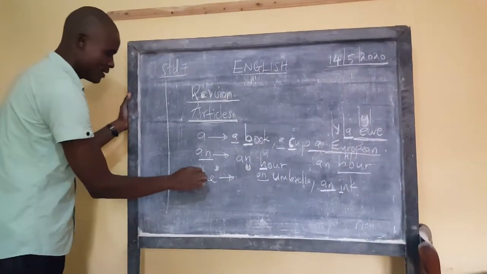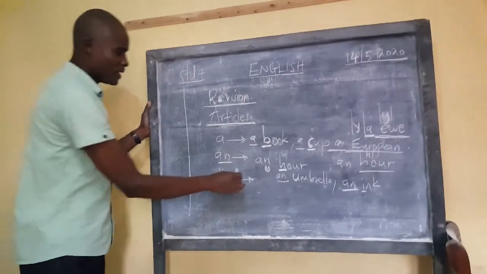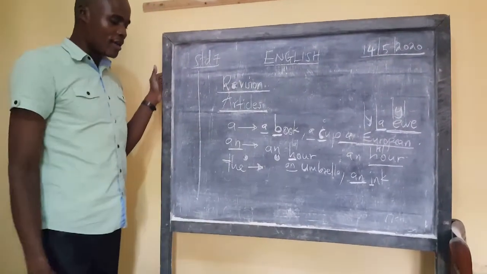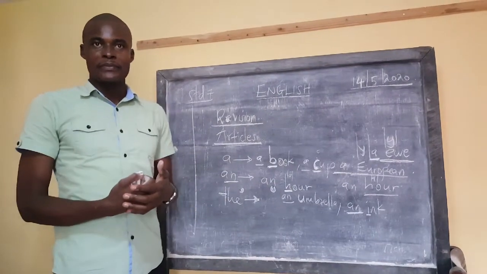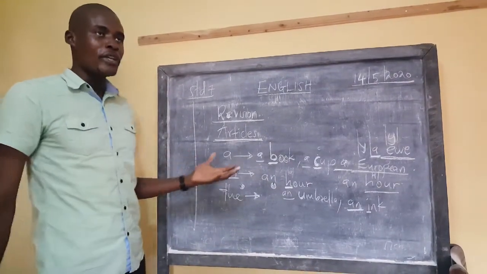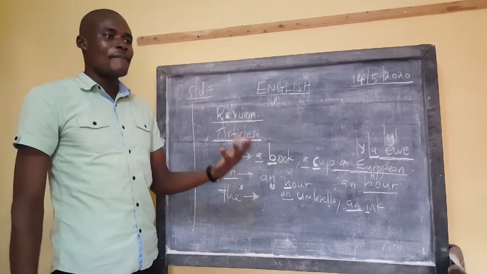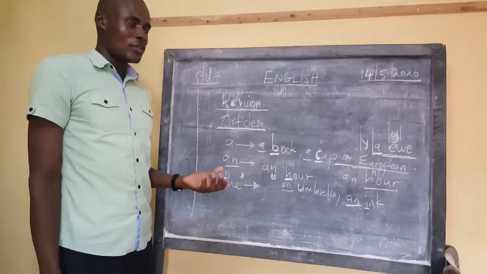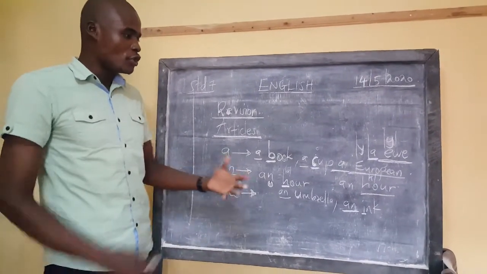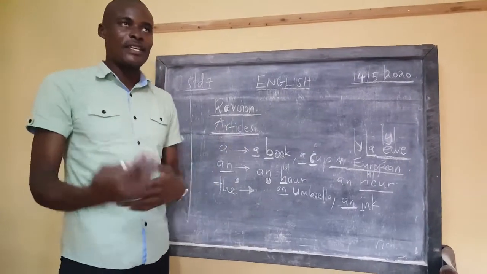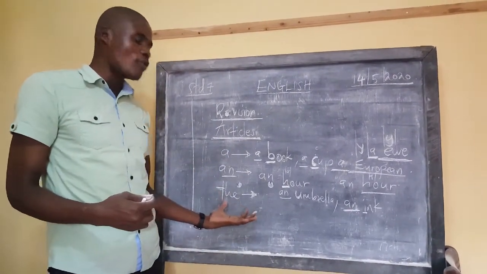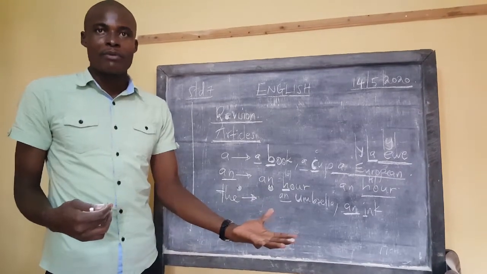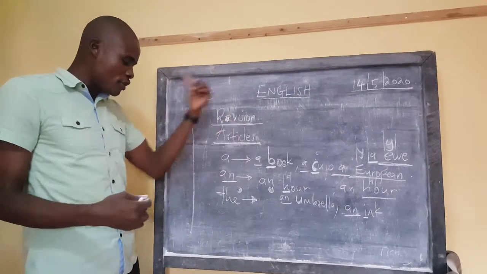Then there is "the", the simplest in this manner, because "the" is used to show something that is already known by somebody. If he had mentioned somebody, for example, father is a busy man. So when you continue mentioning father in your composition, you now do not say father, but you talk of maybe the man, because you are now mentioning somebody whom you had mentioned before.